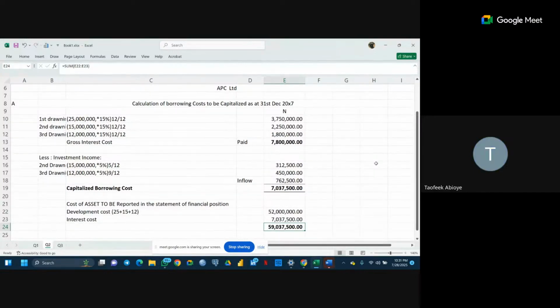Possibly the remaining 3 million, the company may not use at all for this project. They may use it for something else. But from this question, only the interest cost incurred on the 52 million used for that qualifying capital expenditure is what the company is going to capitalize. I hope that answers your first question.